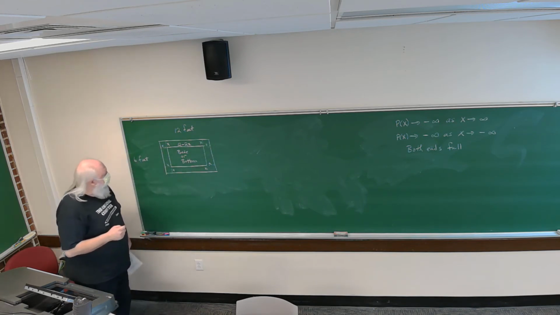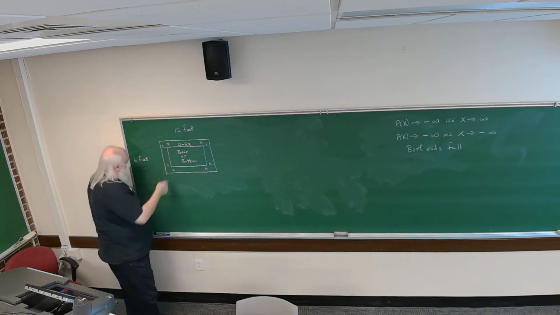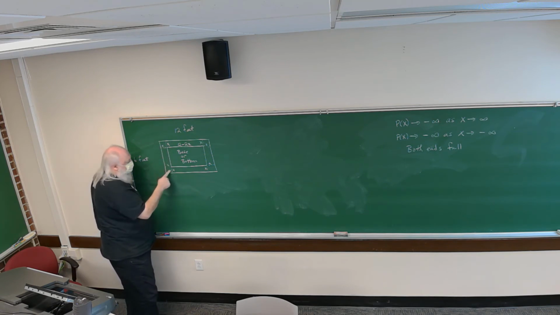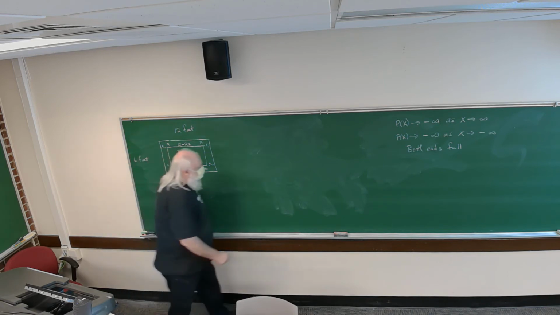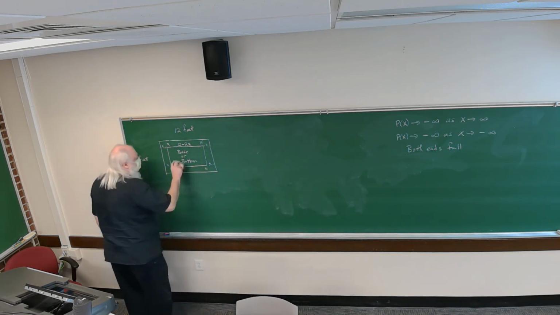Something similar happens with the width. The total width is 6 feet. When we cut out the corners, we lose x feet up here and x feet down here when we fold up the sides. And so the width of the base is 6 feet minus 2x feet.